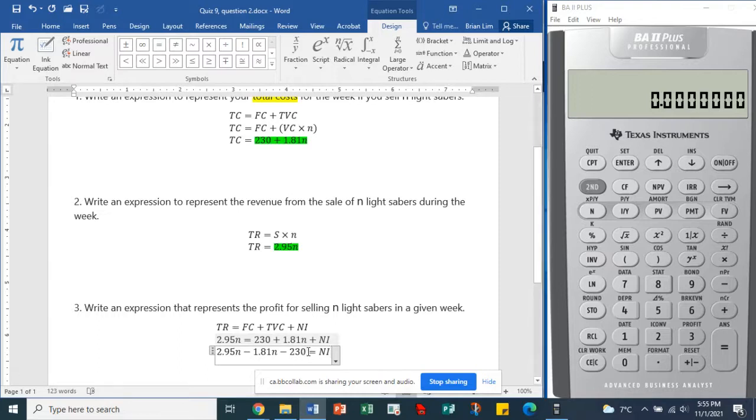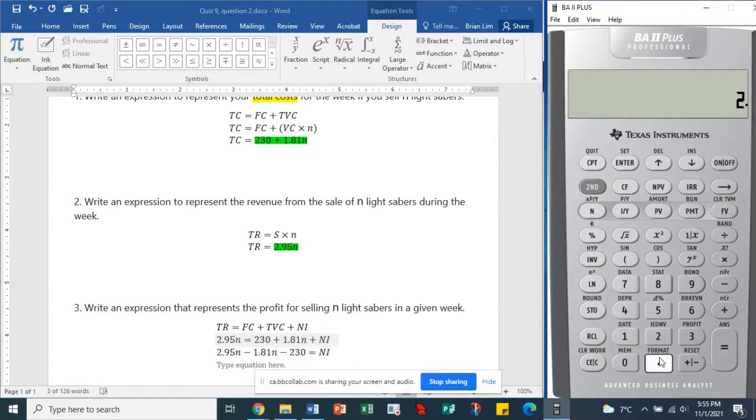Right now, this will be acceptable as the answer. You could leave it like that, or you could simplify it further. Well, you could go to the calculator: 2.95 minus 1.81 is equal to what? 1.14.